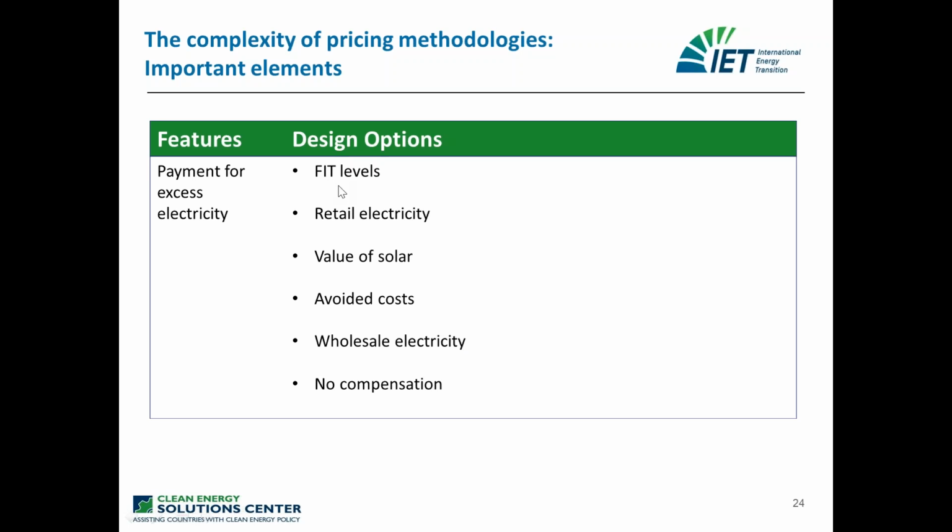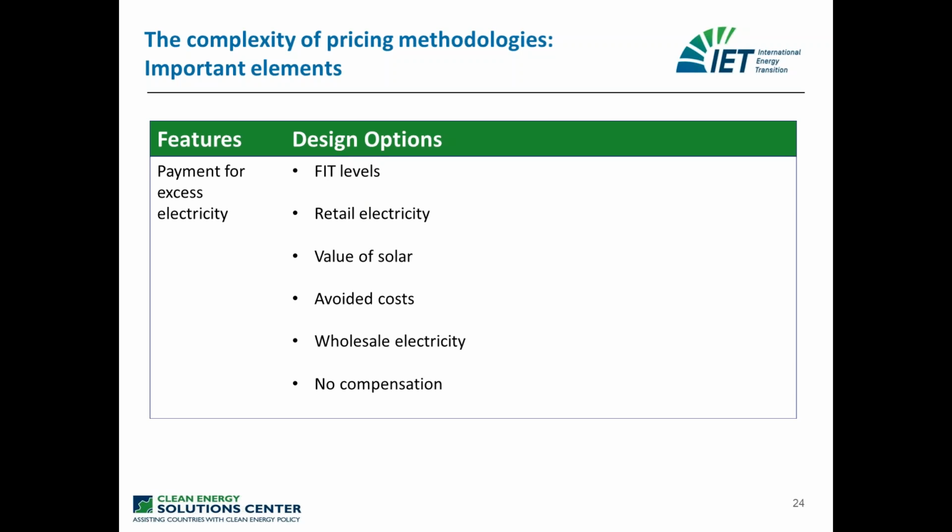Last but not least, I also wanted to mention the feed-in tariff level approach. Feed-in tariffs around the world have been reduced quite considerably in many jurisdictions, and the feed-in tariff level is now significantly below the retail electricity price in many countries. For instance, in Germany, you now have a feed-in tariff price for solar PV which is about a third of the retail electricity price.